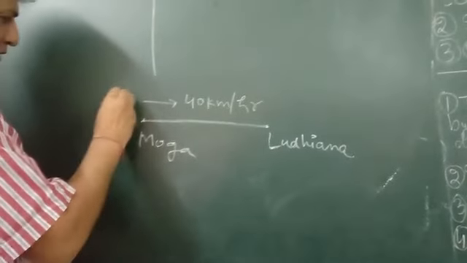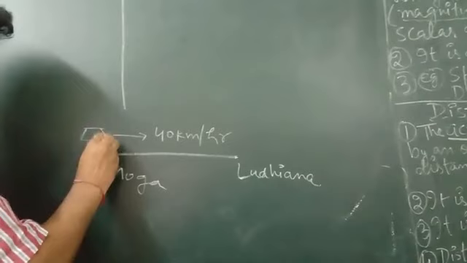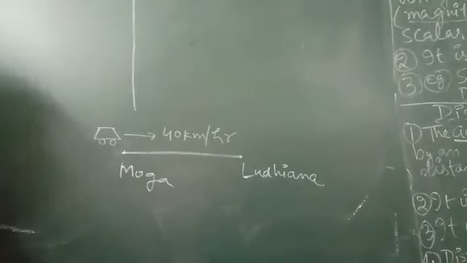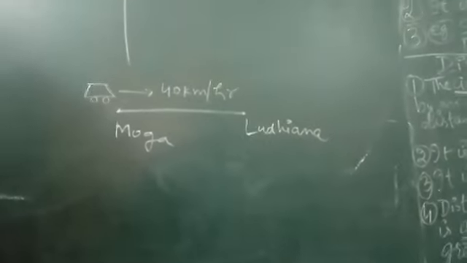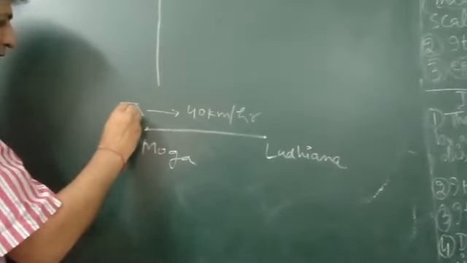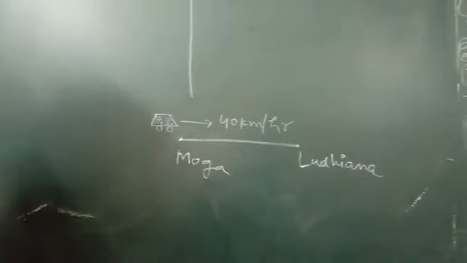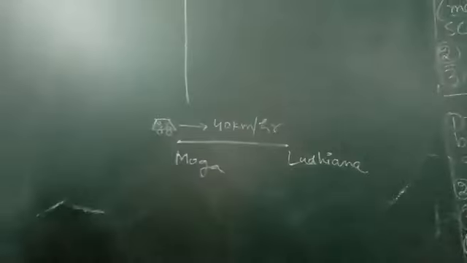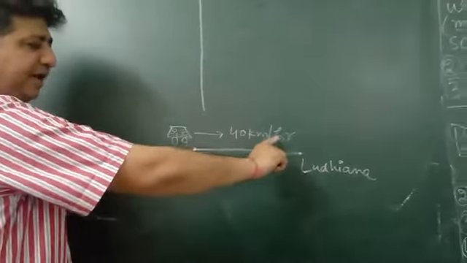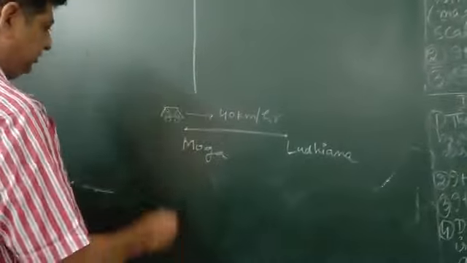I don't know how we can make a car, but I'll just try to. I hope that works for a car. Maybe we can have someone sitting in the car as well. Okay, so this car is going in this direction towards Ludhiana at 40 kilometers per hour.